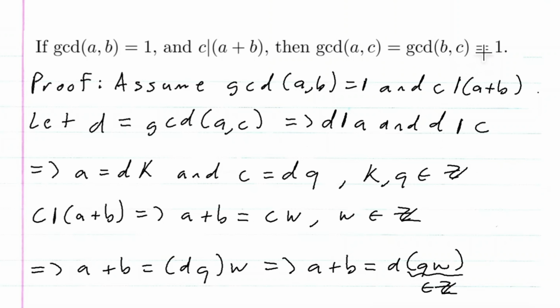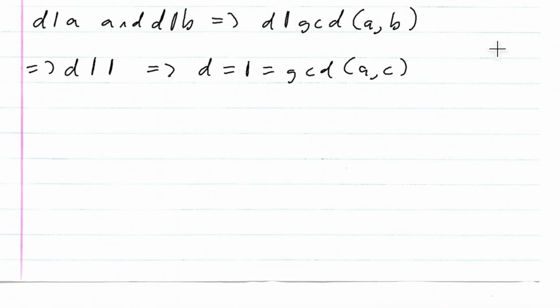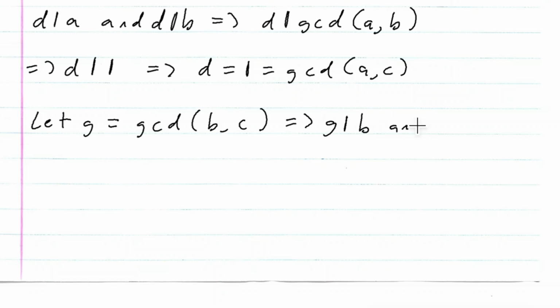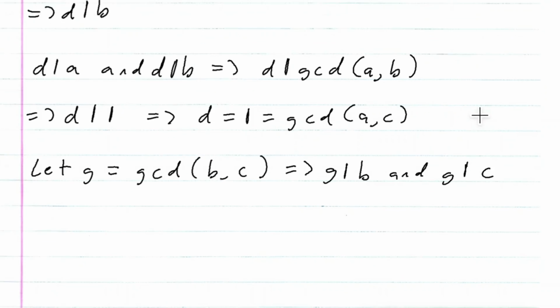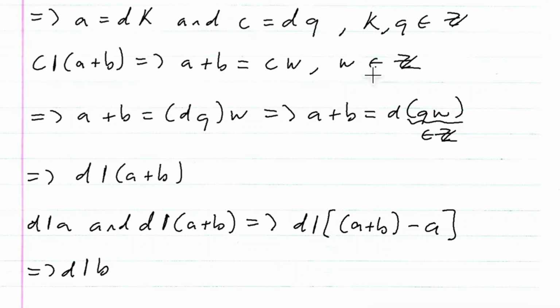Now we've got to get the GCD of B and C equal to 1. So we're going to use a similar technique. We're going to let G be equal to the GCD of B and C. So this implies that G divides B and G divides C. Okay, but if G divides C, what I know from earlier, let me go up here, I can actually get an A from this equation.